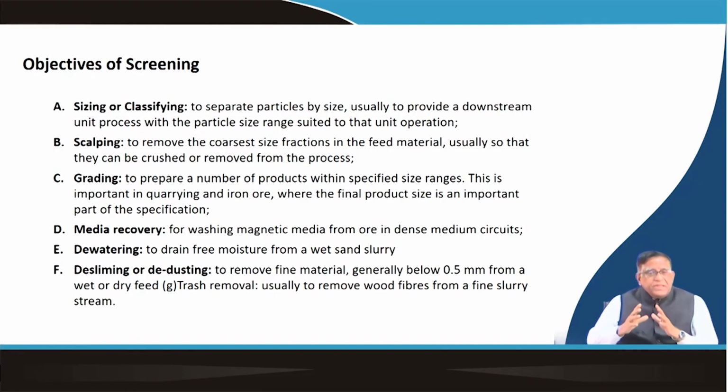Then you need to do scalping, which is removing the coarser fractions of the material, and then grading. Grading is for the metallurgical plant, whose process requires a particular grade, a particular size; they will give the dimensions. Accordingly you will be grading with the help of this screening system.